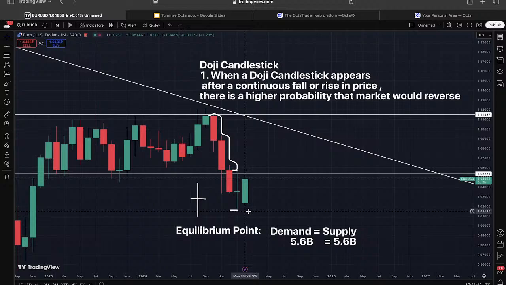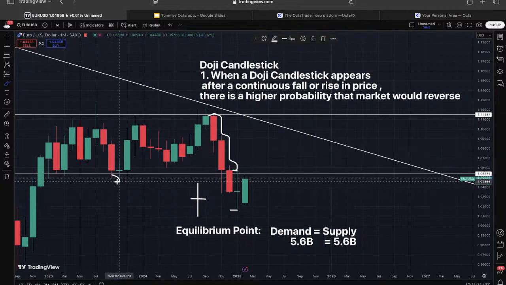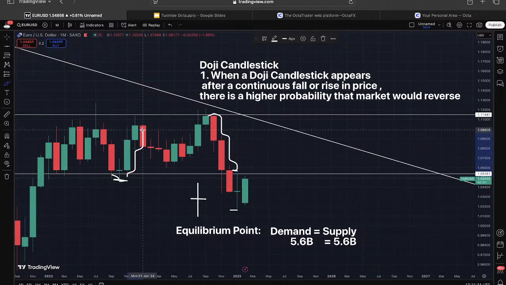And that is why, when you see the doji appeared here, we can see that the reversal was temporary, all right, before it pushed back.